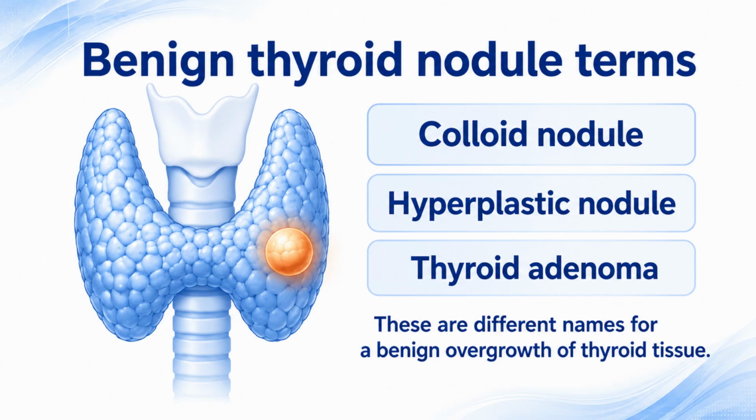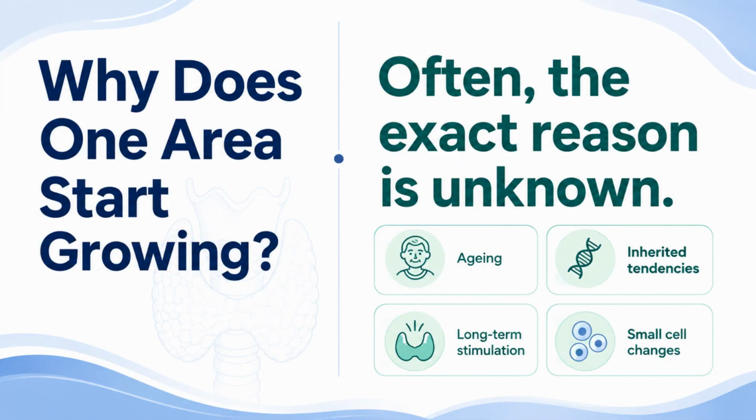This is one of the most common explanations for a solid thyroid nodule. The exact reason why one area begins growing more than the rest of the thyroid is often unknown. Aging, inherited tendencies, long-term stimulation of the gland, and small changes within thyroid cells may all contribute.